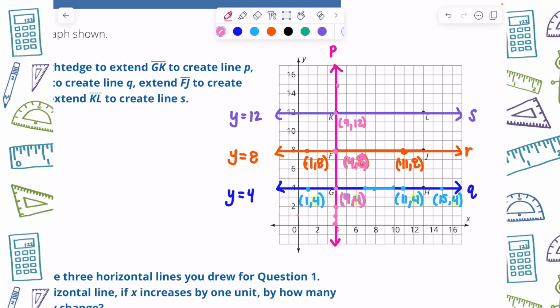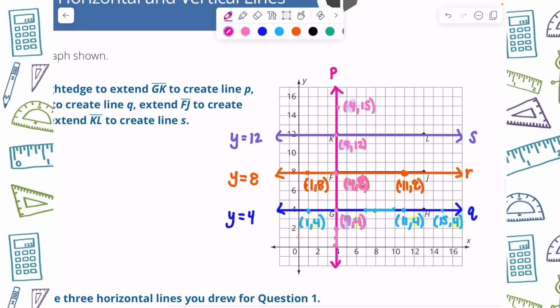Let's do this one, which is the point 4, 15. Hopefully you notice with this vertical line that all of the x values are the same. So all of these have an x value of 4. So that means the equation of this vertical line is x equals 4.